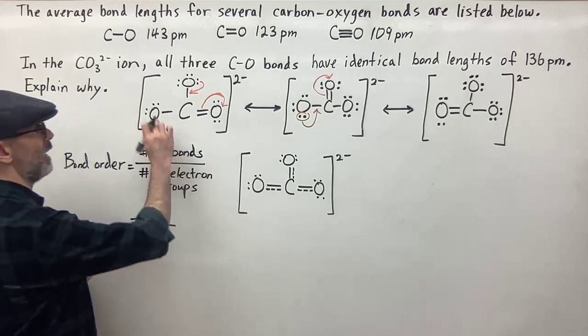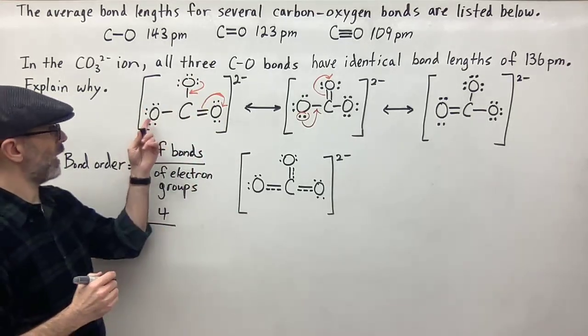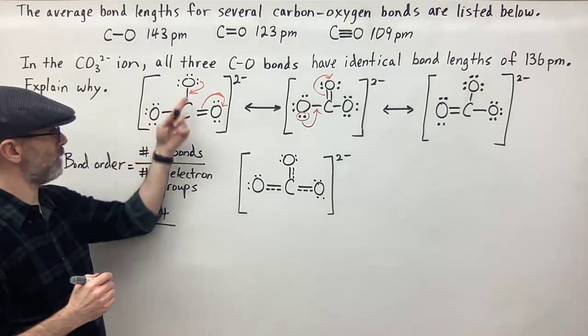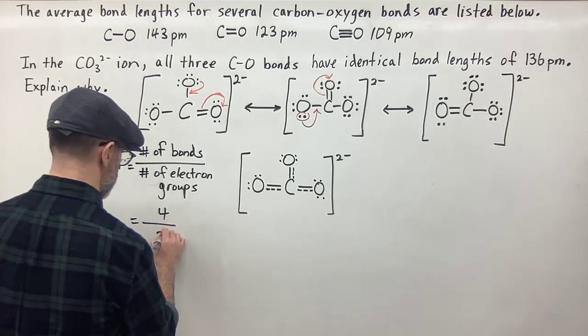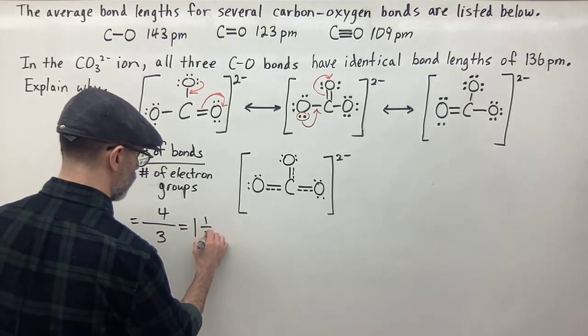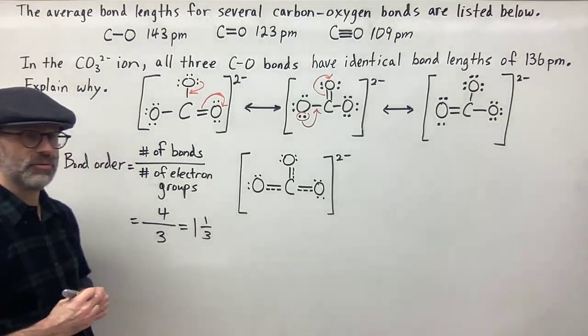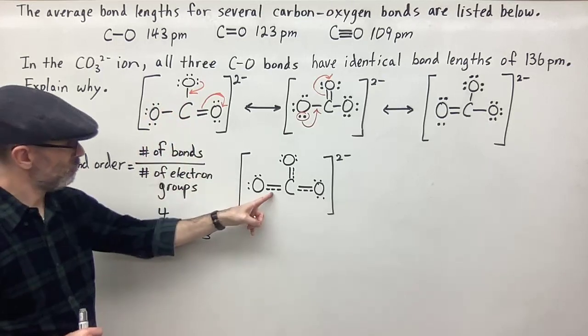Divided by, and then I have 1, 2, 3 atoms, right? So each atom is bonded by an electron group. So 1, 2, 3 atoms, and so that's going to be 3. So that's going to be 1 and 1/3 bonds. So each of these are equal, like I showed here.